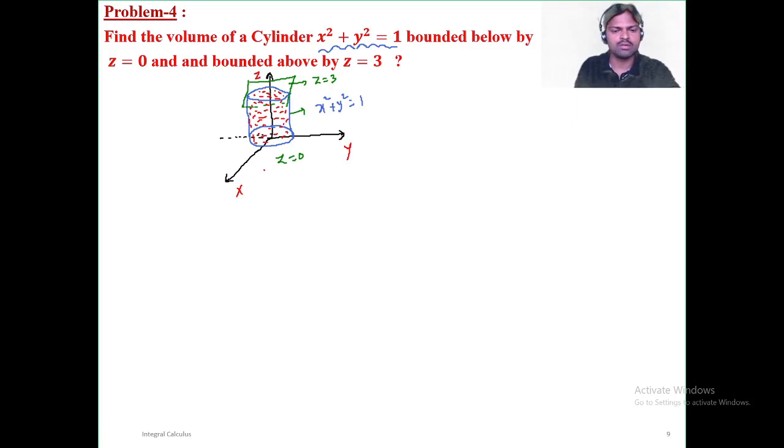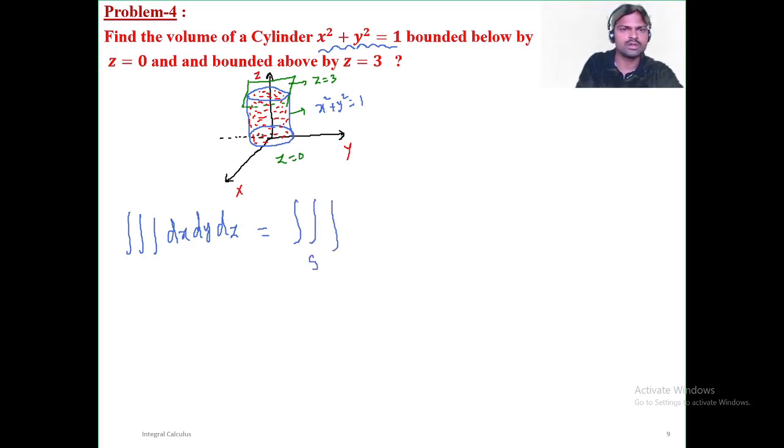Now by using triple integration, dx dy dz. Since the solid of integration is a cylinder, I am adopting the cylindrical polar coordinate system. So the triple integration is over this solid S. In cylindrical coordinates, the Jacobian is r, so we have r dr d theta dz.